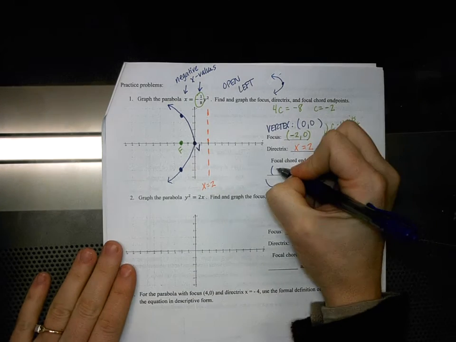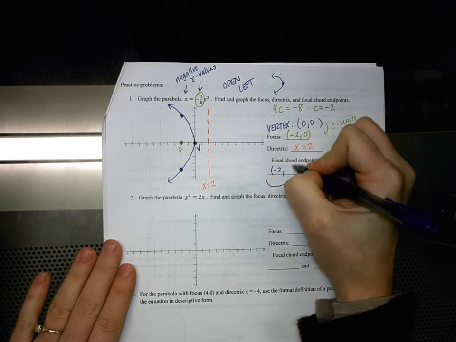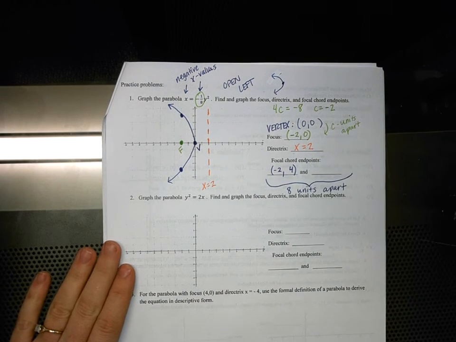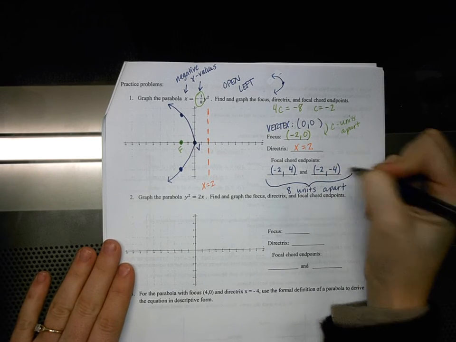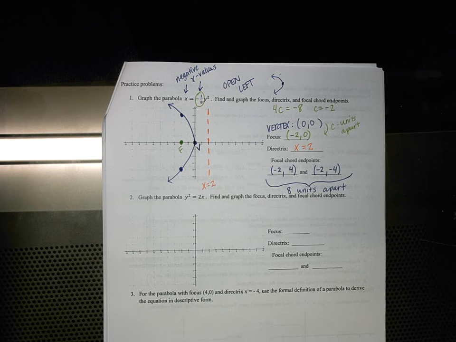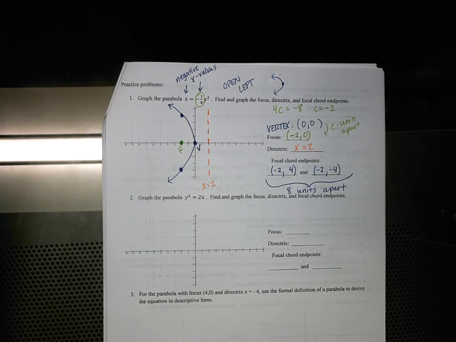So those are at -2, 4, and -2, -4. This time the x values match. Questions on that one?